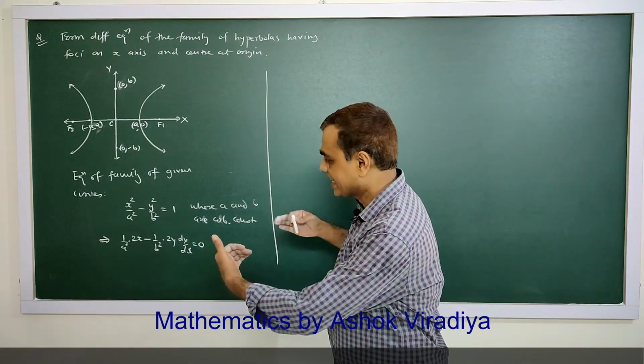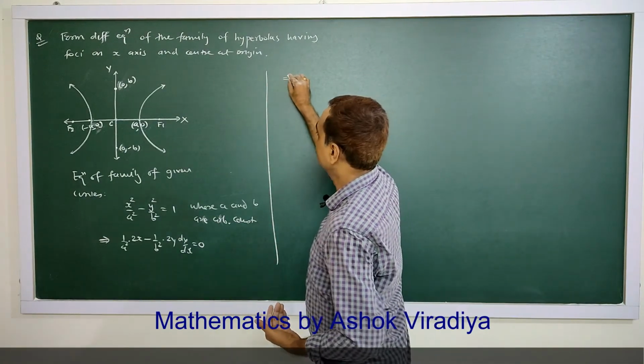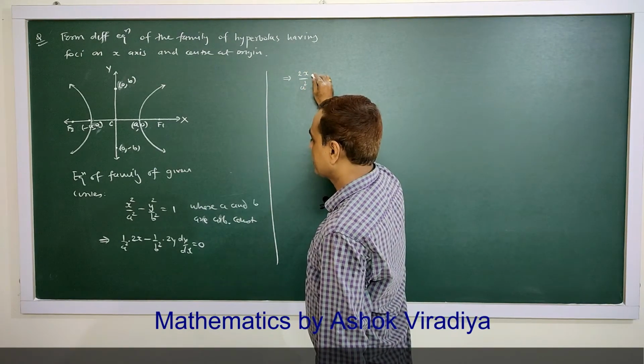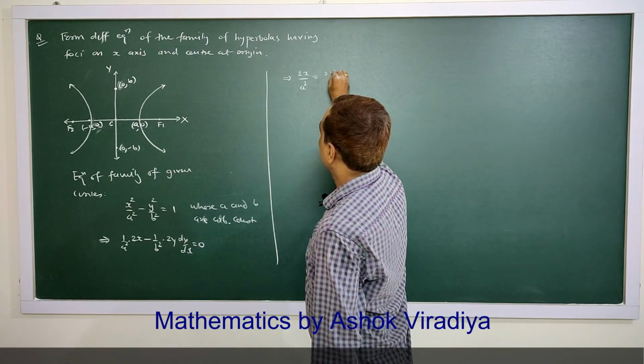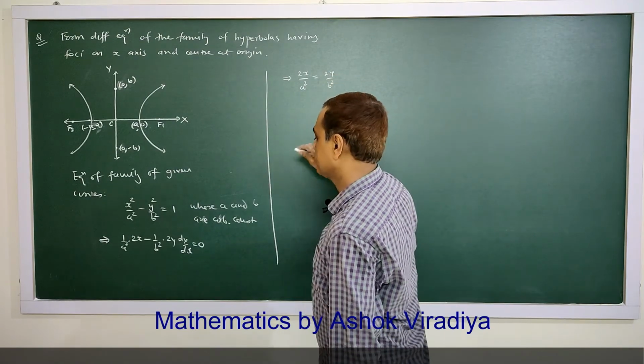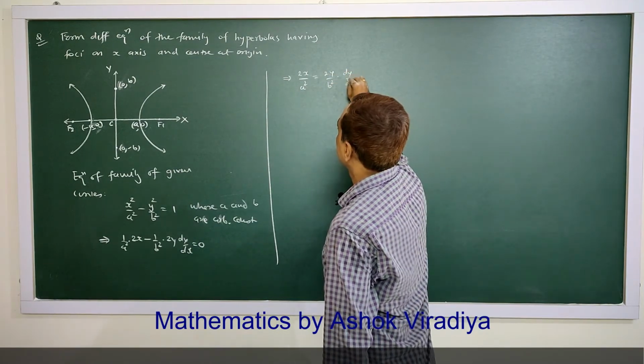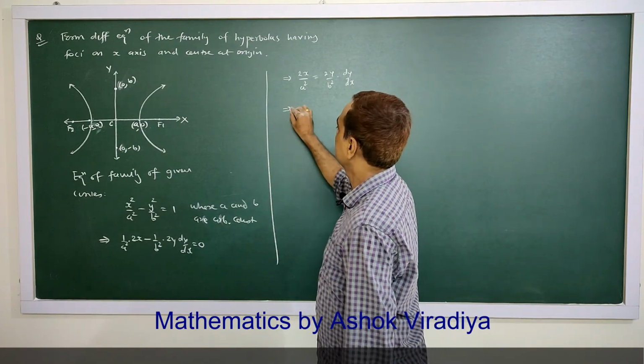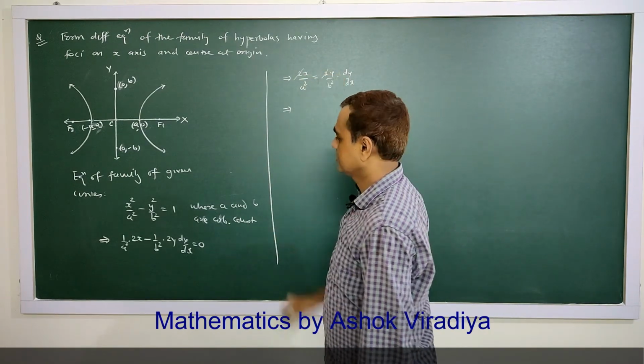So before taking the second differentiation, what we do is rearrange this: 2x by a square equal to 2y by b square dy by dx. Now this 2 is cancelled.